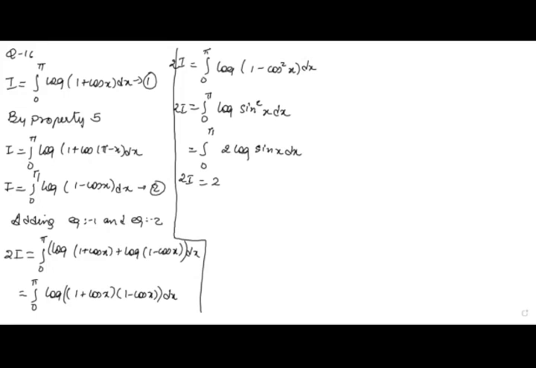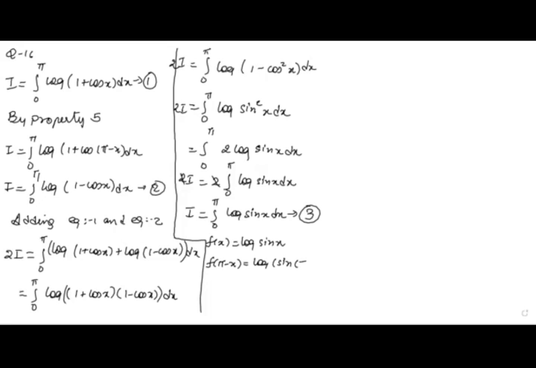Taking 2 common outside, I will have the value of I as the integral from 0 to pi of log sin x dx. Give this as 3, we will require it afterwards. Now, here f of x is log sin x. So if I replace this x by pi minus x, then I will get back the same value, as pi minus x is in the second quadrant where sine is positive.